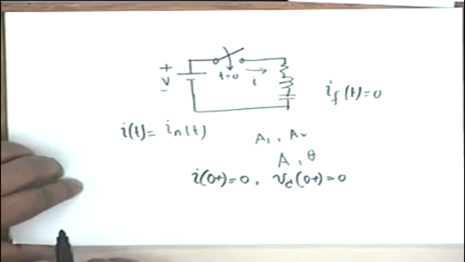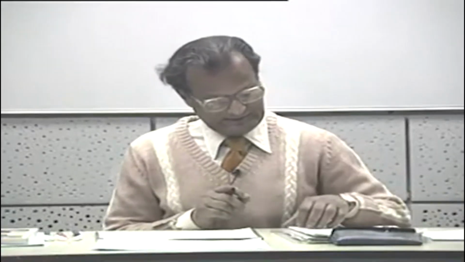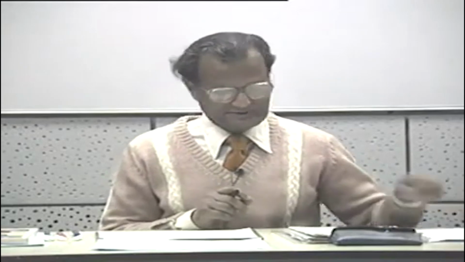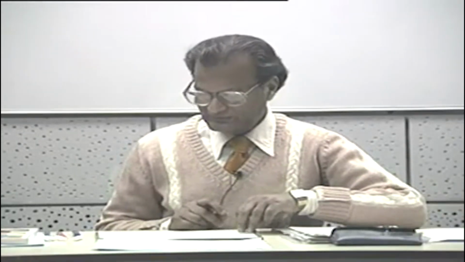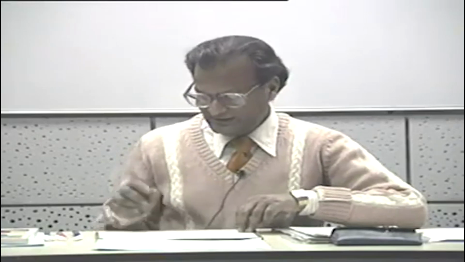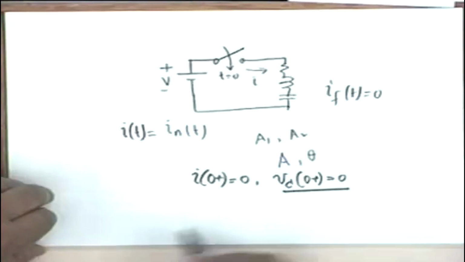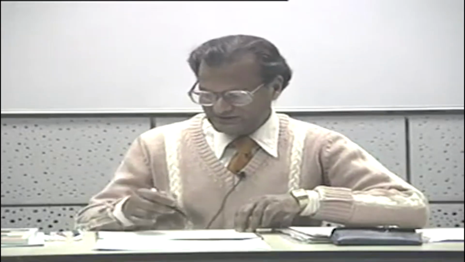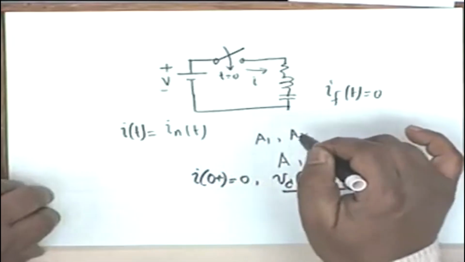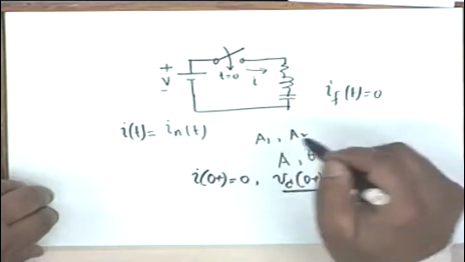The two initial conditions shall determine this. Let us take a variation of this example and try to solve it. There is one small point, that V sub C of 0 plus equal to 0 does not enter into the solution or evaluation of the constants directly.